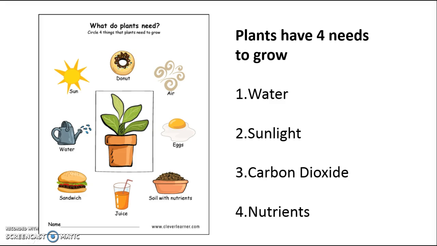We did a graphic organizer with this, and it was the 4 needs of plants. It kind of confused some of the other students, so I don't want you to get confused. In order to grow, so you can have more plants, and to ensure that they can photosynthesize and remain producers, they need water, sunlight, carbon dioxide, and nutrients.